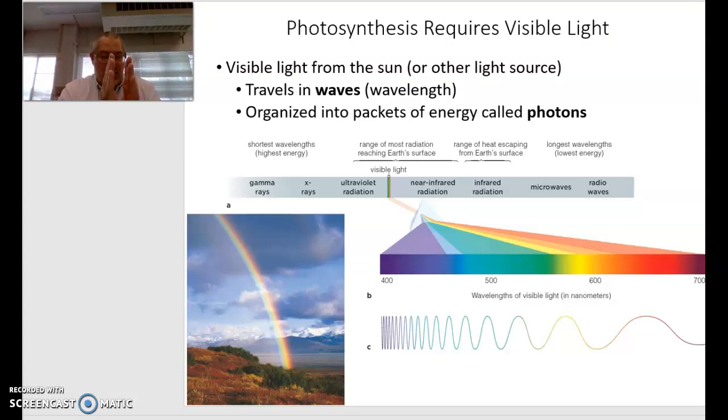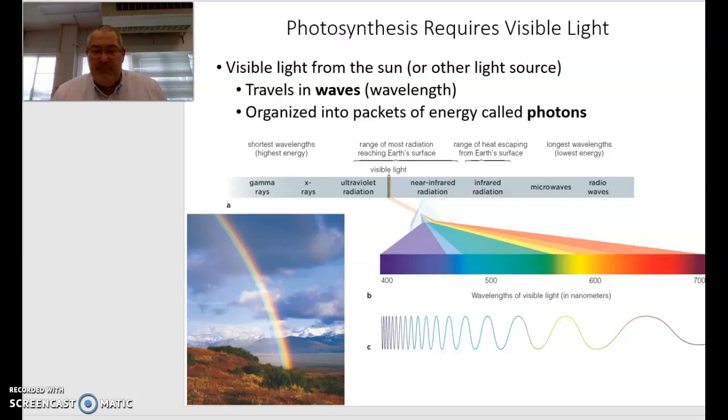The shorter the wavelength, the higher amount of energy, photons, that those waves can transmit when they're absorbed. The further apart the waves are, that means longer wavelength and a lower amount of energy that can be absorbed by some surface or substance that might absorb that light energy.